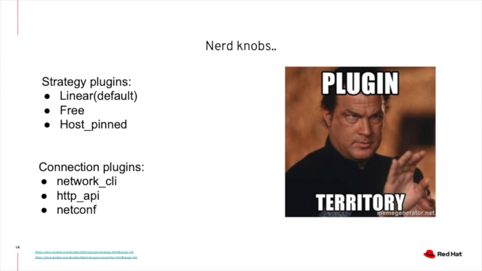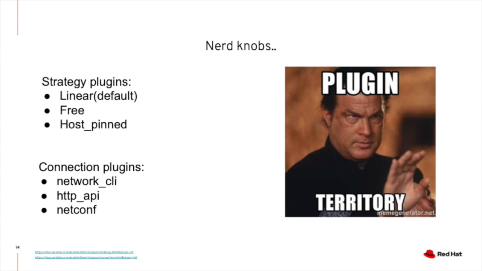The default plugin is the linear plugin. What the linear plugin does is, let's say you have 10 tasks in your playbook and 100 hosts in your inventory. It's going to execute task 1 for all the 100 devices, then go to task 2 for all the 100 devices, and so on. That's going to make it perform differently compared to the free or the host pinned strategy. With the free strategy, as soon as a host completes task 1, it moves on to the next task.